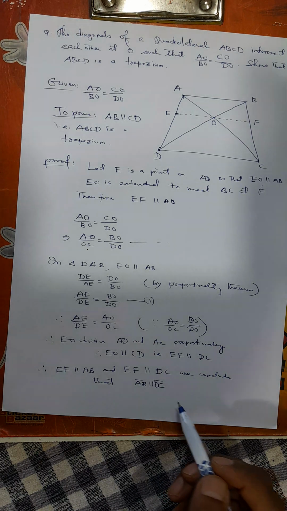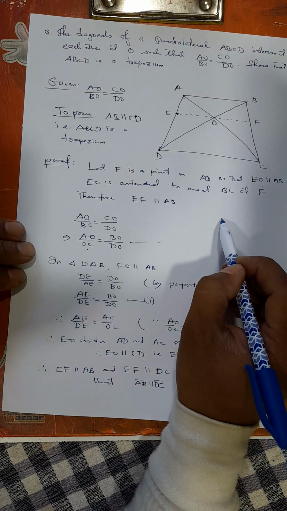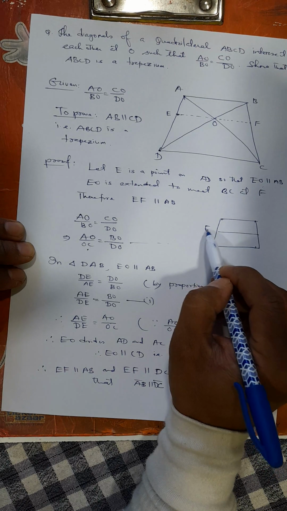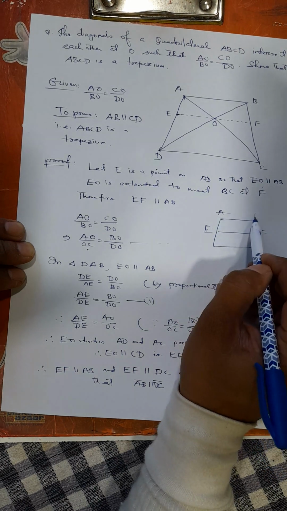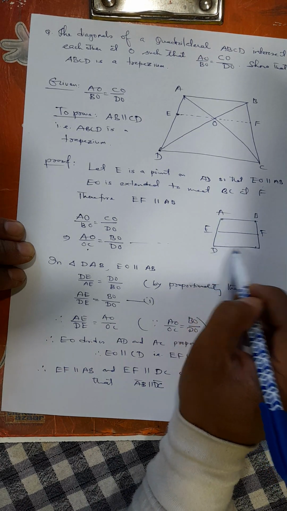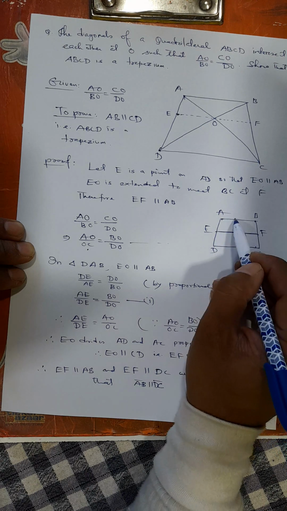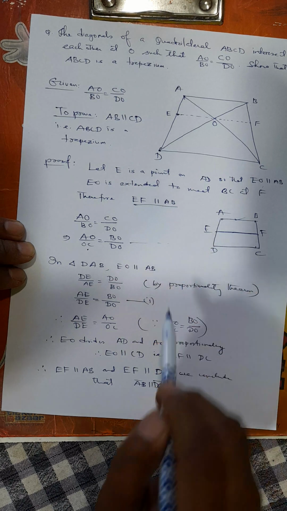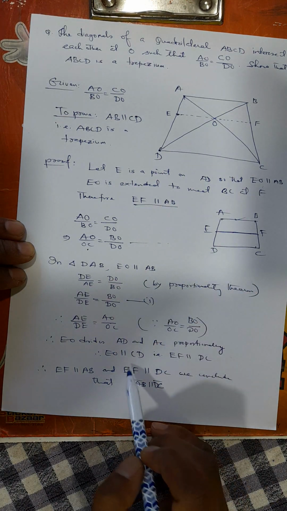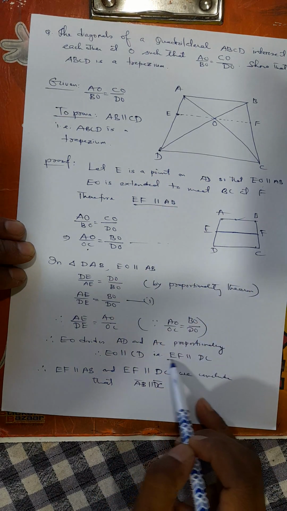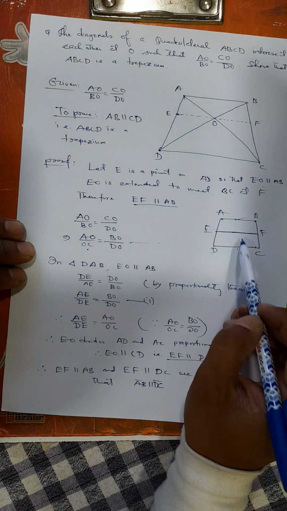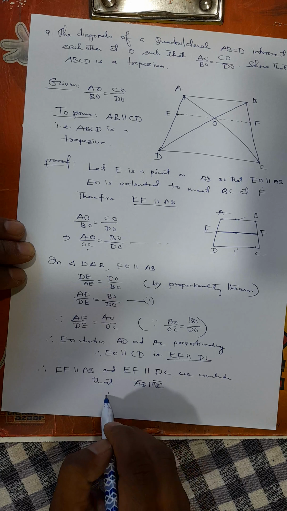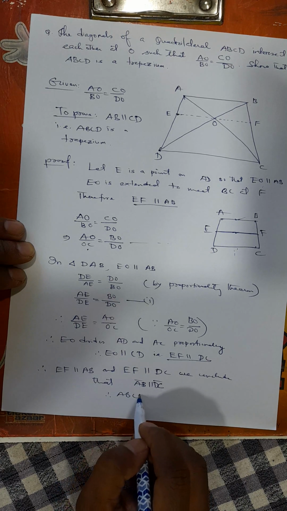We find that this line EF is parallel to AB by construction, right? EF is also parallel to DC, as we proved here. So two lines parallel to the same line are parallel to each other. AB parallel to CD. Therefore, ABCD is a trapezium.